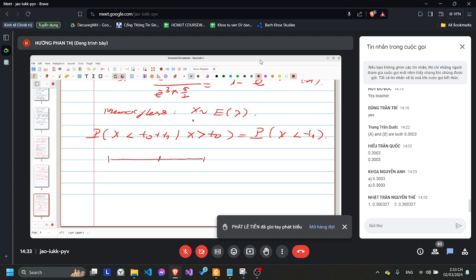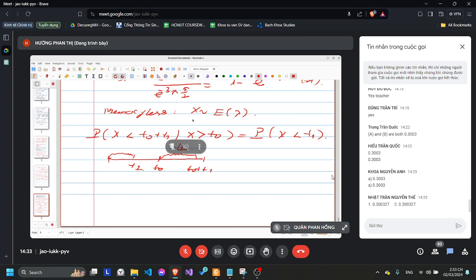Given that S started from T0, the probability to get S within the next interval, T0 plus T1, the length of this interval is T1. It is still the same as the probability of S started from the beginning within the interval of T1. As long as this interval and this interval are both T1, starting from 0 or starting from T0, it is still the same.